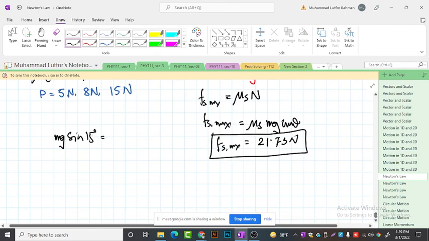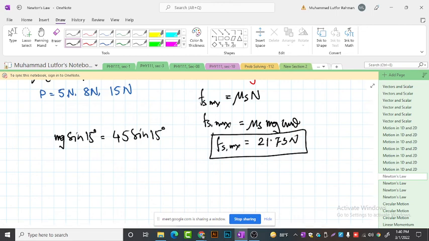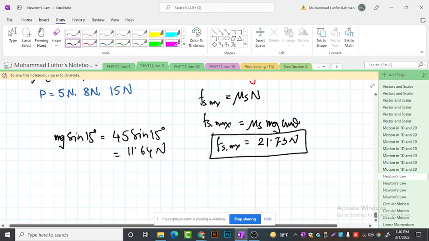That is 45 into sine 15 degree. Sine 15 is about 0.25, into 45, which is 11 point something. So 11.64 Newton, which is less than your 21.73. That's why the system is not moving toward the downward direction.